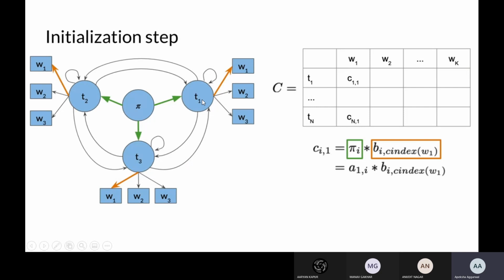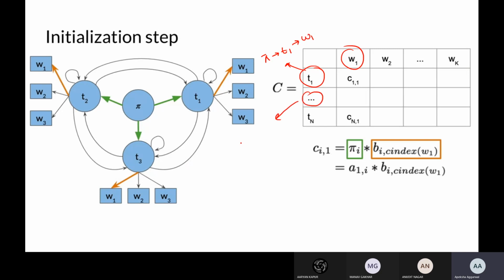So what are the chances that I will choose this one, or I will select any other word? Initially, if I'm at the initial state, the pi state, I will go to T1 or T3 or T2. This value represents that I'm going from pi to T1, and in T1 the word W1 was present.